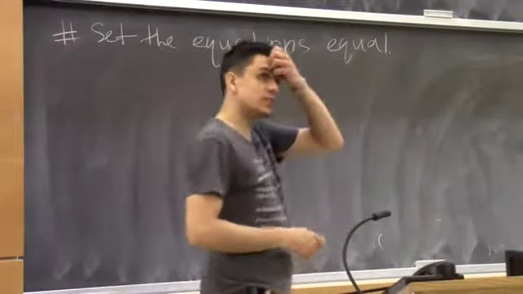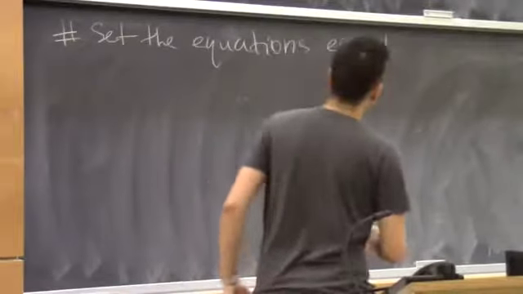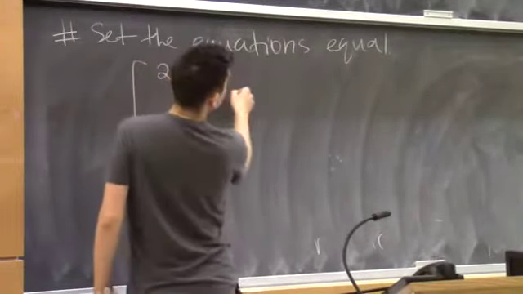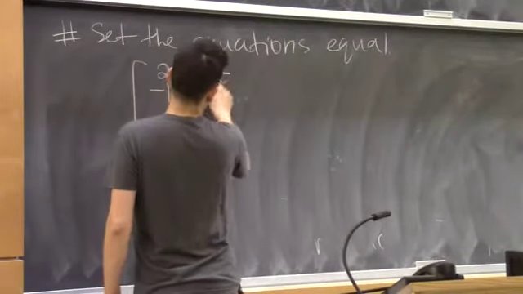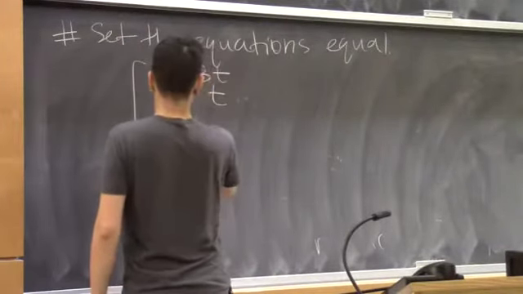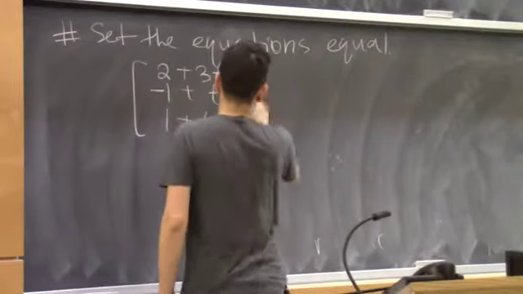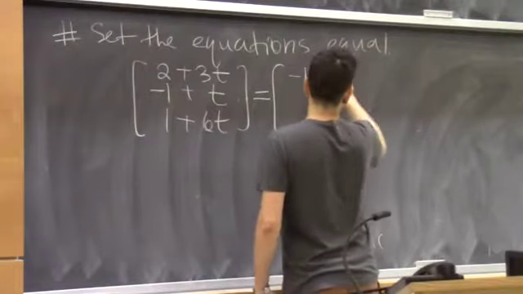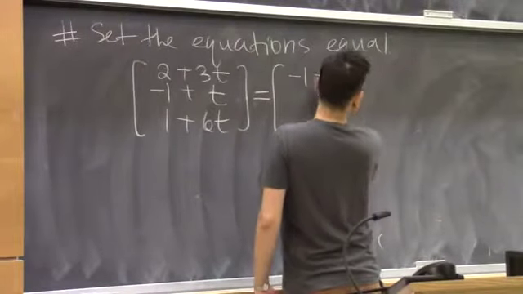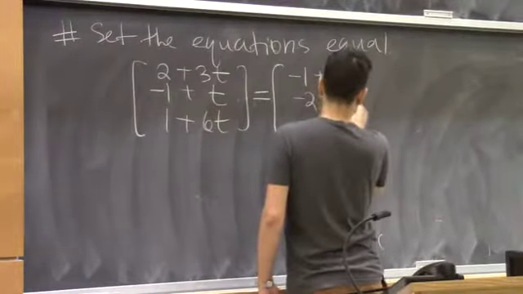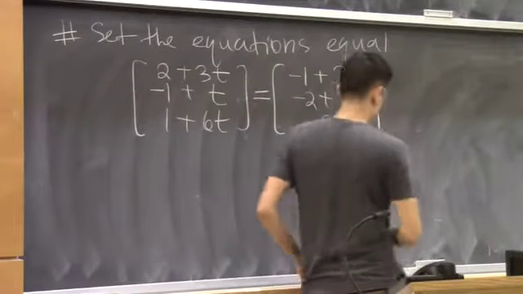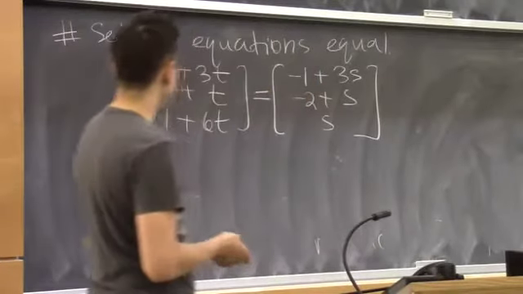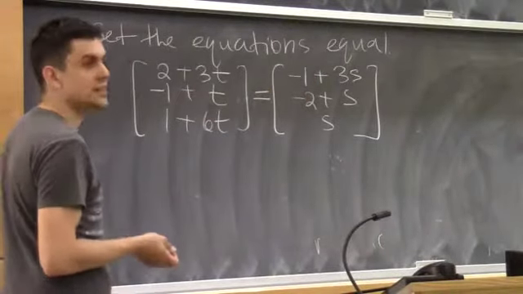Okay, so we're going to set the two equations to be equal and solve from there. Now we're looking for values of s and t that make this happen.